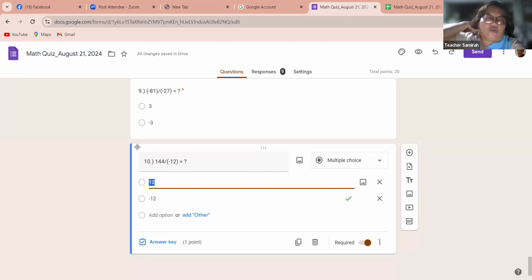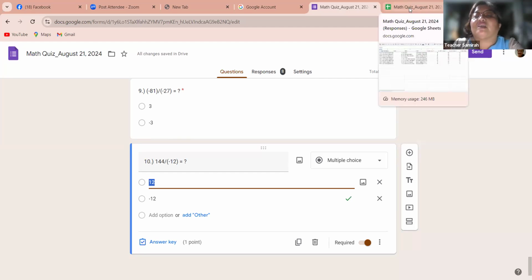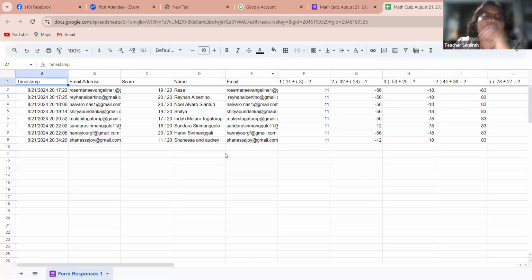Okay, since you do not have any questions, were you able to remember the scores that you got last time for this quiz? I was able to tell you, but anyway, I am going to tell you. There are three students who got a perfect score: two boys and one girl.